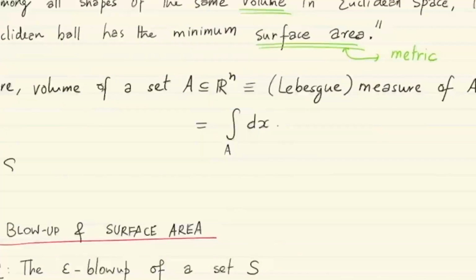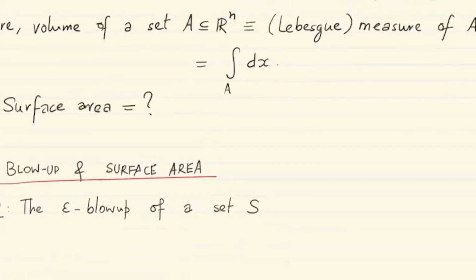What about surface area? How do we define the surface area of a set or an object or a shape? One of the ways of doing it is through blow-ups.